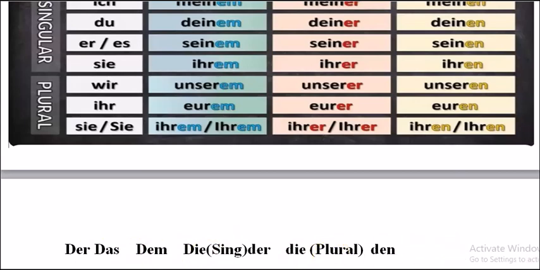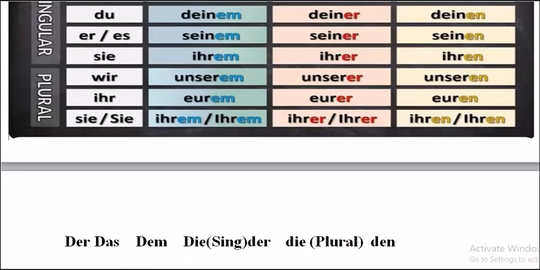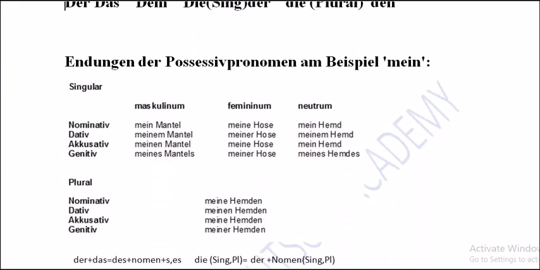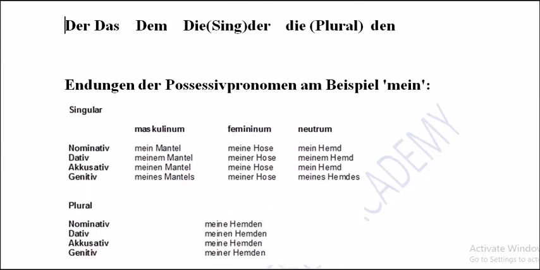Now we are coming to practical examples of possessive articles, where we will learn practically. Here these are in dative. I'm writing accusative as well. In accusative, we are changing der to den, and the other articles are written the same as in nominative form.